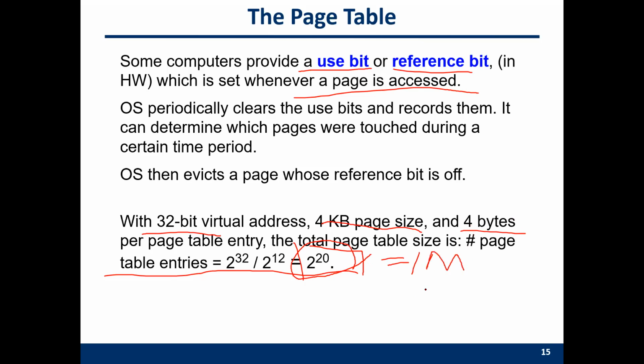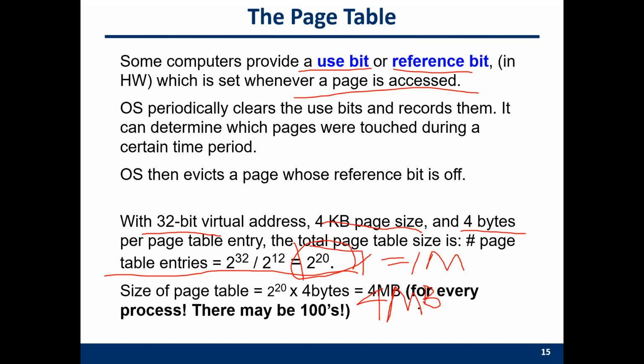If each entry is 4 bytes, then totally we have 4 MB for one page table. So this is how you can calculate the size of the memory overhead of your page table. And this page table is only for one process or for one application.